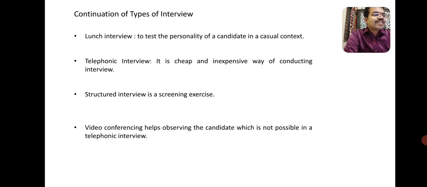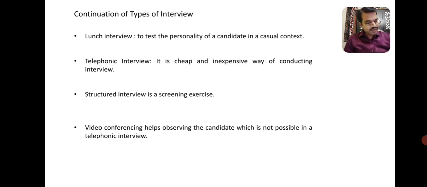So with these things, we have touched upon the various types of interviews, starting from the screening interview. Screening interview was the very first interview which we all discussed. It was a very basic kind of interview wherein the candidate's basic information was just like an addition to the resume.